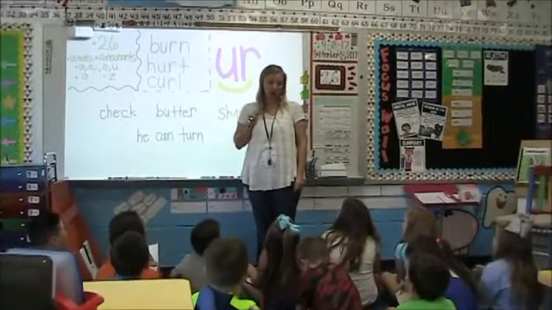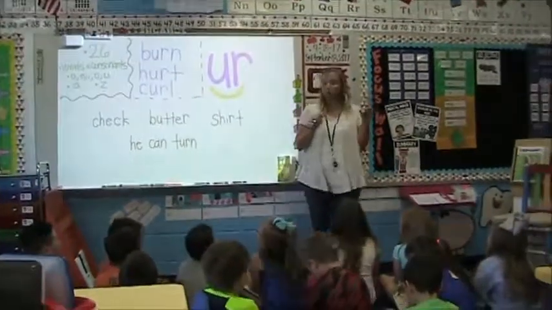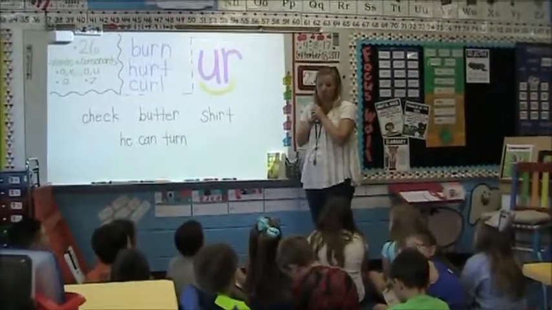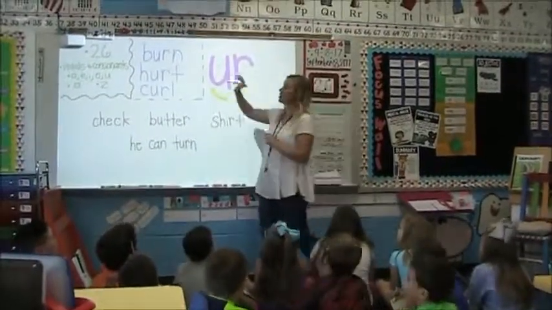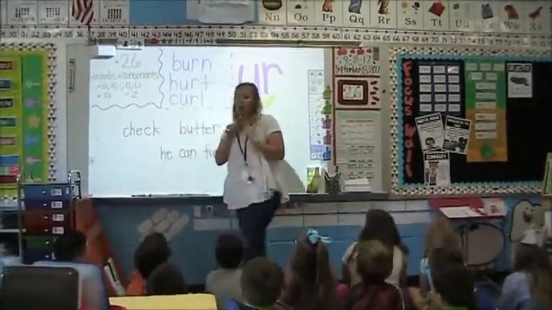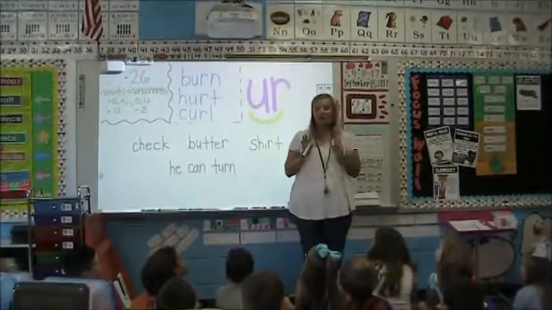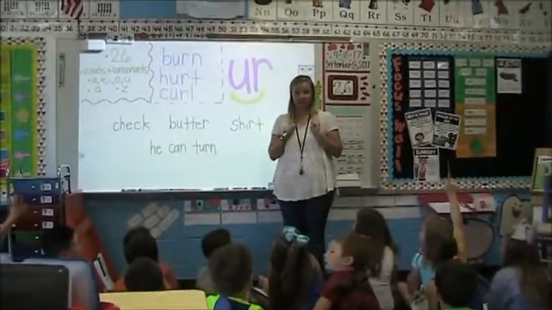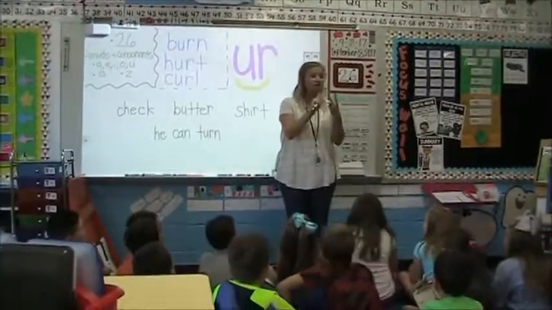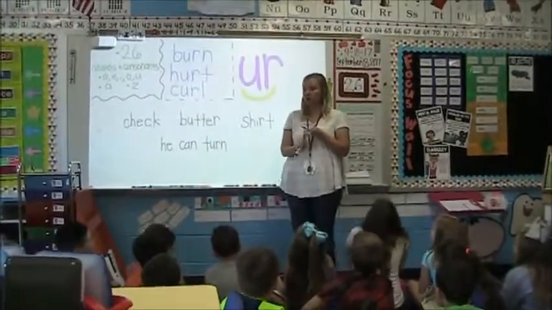Let's do a quick review and just freshen our thoughts. It's Monday. Let's review how many letters are in our alphabet. 26. Very good. 26 letters. The alphabet is made up of 2 different types of letters. Who can tell me? Ben. Vowels and consonants. Very good. Let's review our vowel letters.